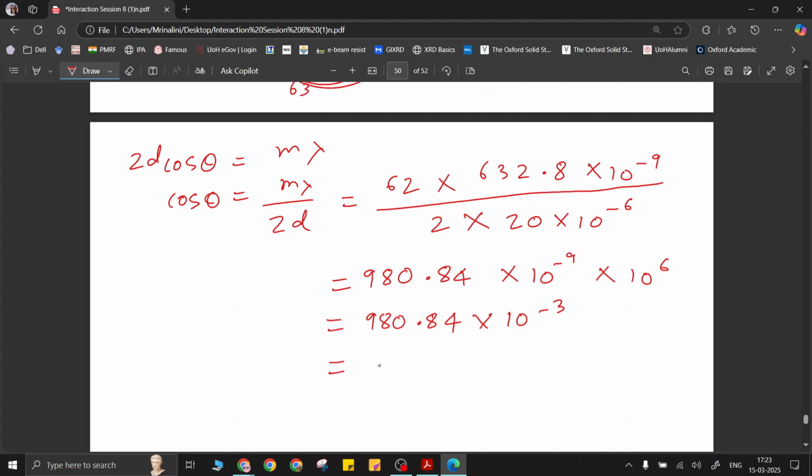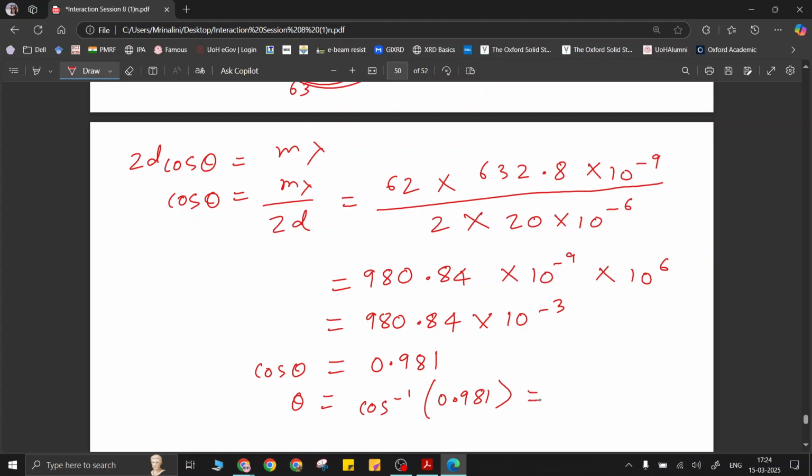That means 0.981. Okay, this is cos theta. That means theta will be cos inverse of 0.981, and we will find this. Cos inverse of 0.981 gives 11.1867.